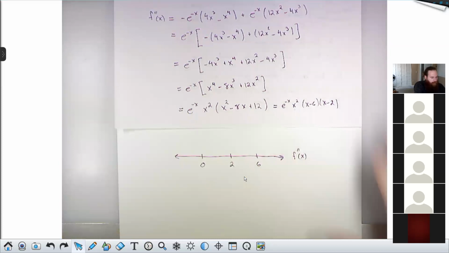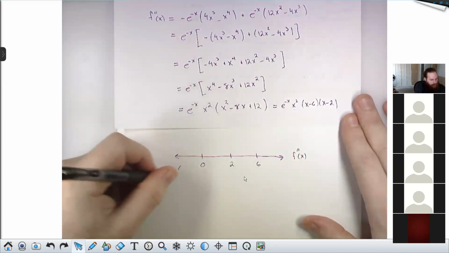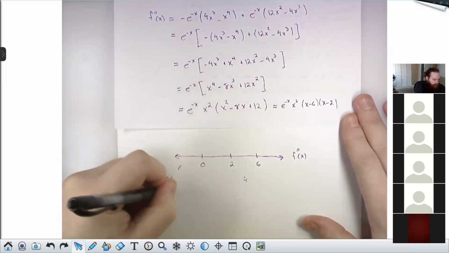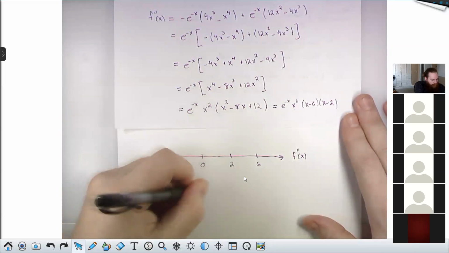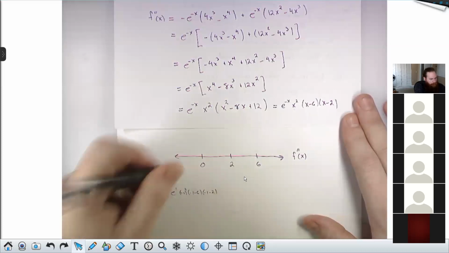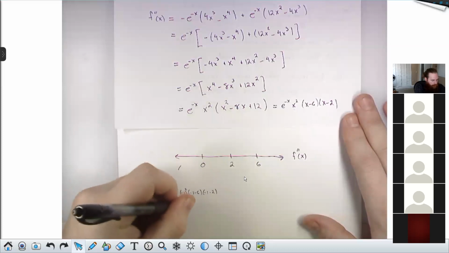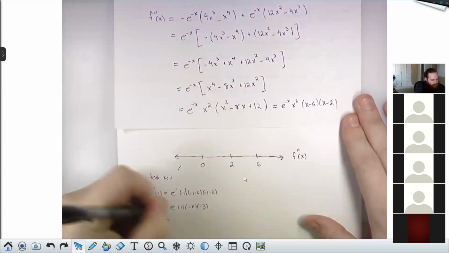If I test x equals negative 1, f double primed of negative 1 is e to the 1, negative 1 squared, negative 1 minus 6, negative 1 minus 2. That's e times 1 times negative 7 times negative 3. That's negative 21e.